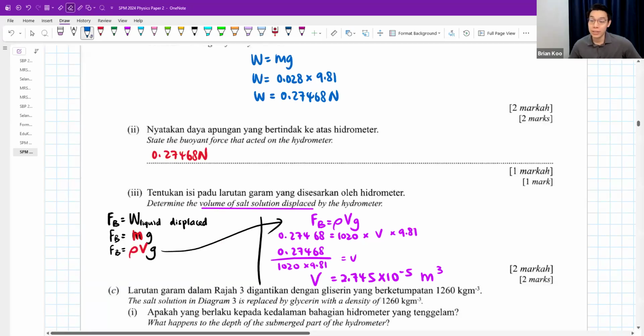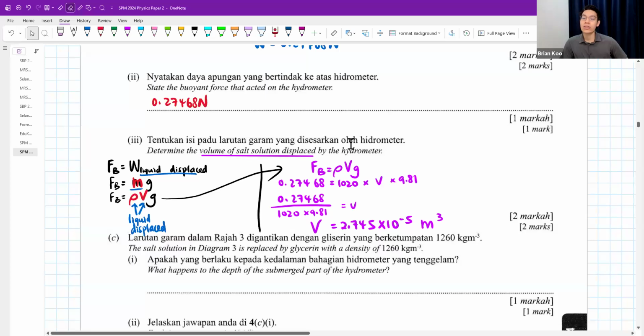But be careful, this is for the liquid displaced. Because remember, we started with the weight of liquid displaced, mass of liquid displaced. Now, the density and volume are all about the liquid, not the volume of the hydrometer, not the density of the hydrometer. Be careful. Okay, so that's how you do it.